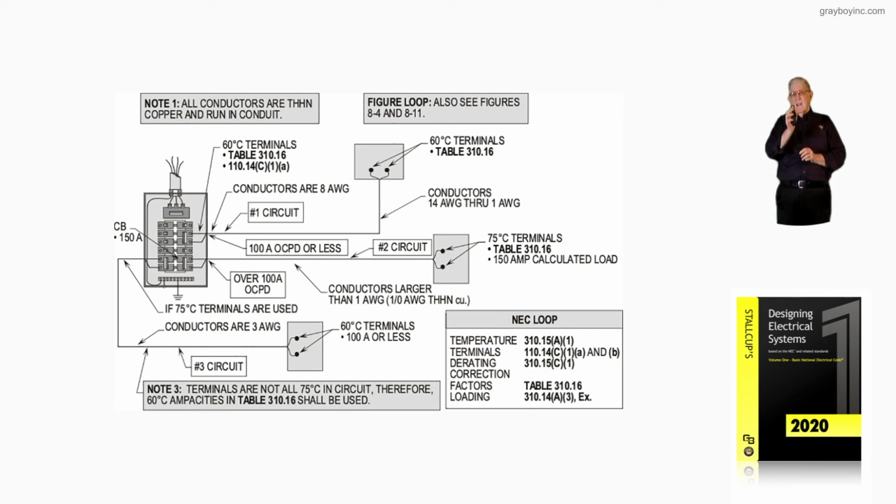However, if the equipment was 75-degree terminals in 3, and the overcurrent device terminals were 75-degree C, I could use a number 3 conductor in the 75-degree column for 100 amps. So that's the reason you have number 14 through number 1 as the 100 amp or less type conductors.